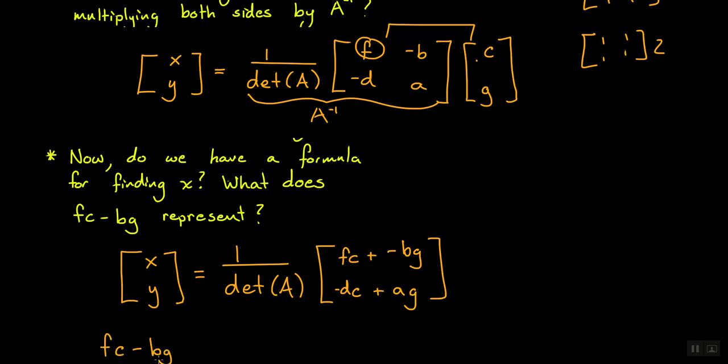FC minus BG is the determinant of, what would that matrix be? F and B and G and C. Do you guys agree with that?